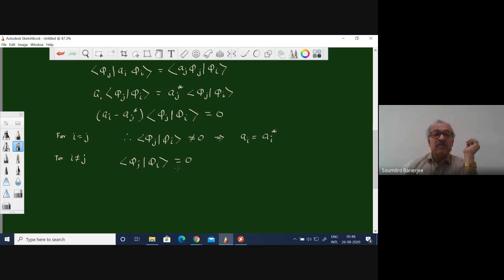That means, for ai not equal to aj, assuming that the eigenvalues are non-repeating, these eigenfunctions must be orthogonal to each other.